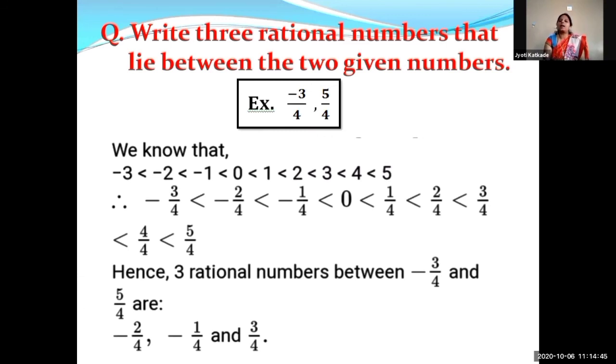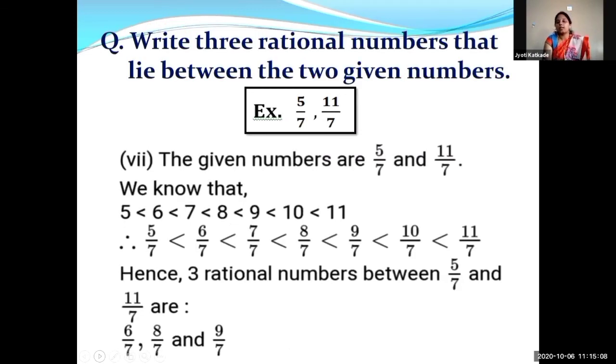Hence, we can write any three numbers from this. Now, our answer is -2 upon 4, -1 upon 4, and 3 upon 4. You can write any three numbers from these. Okay. So, see the last example from this practice set.